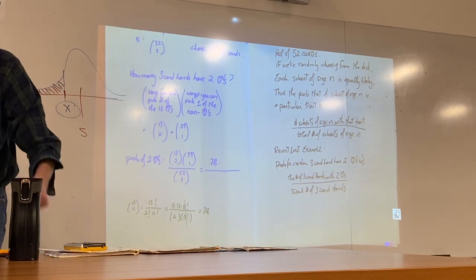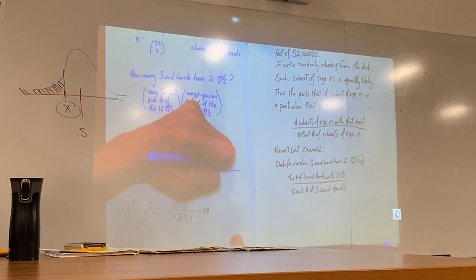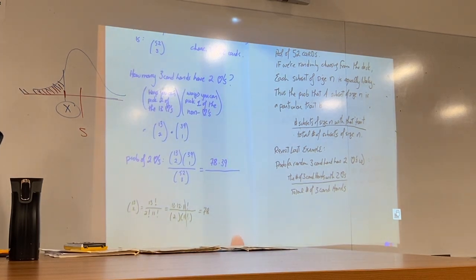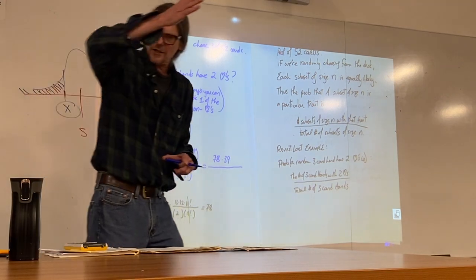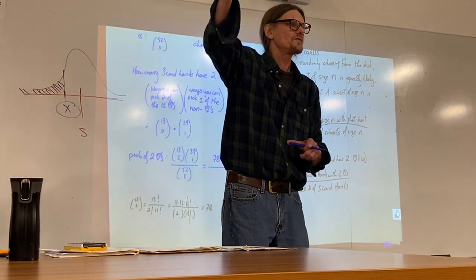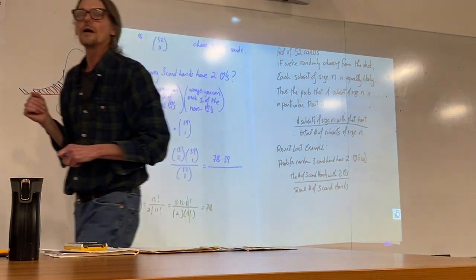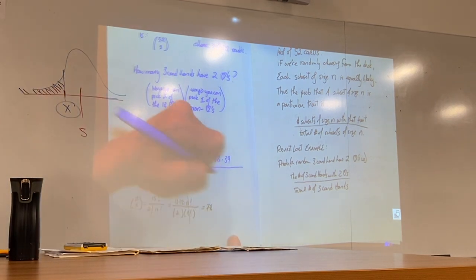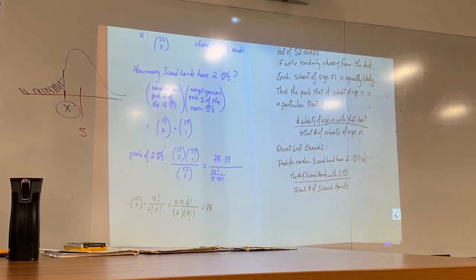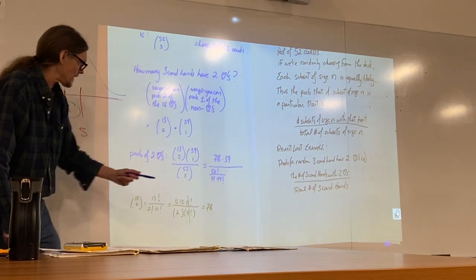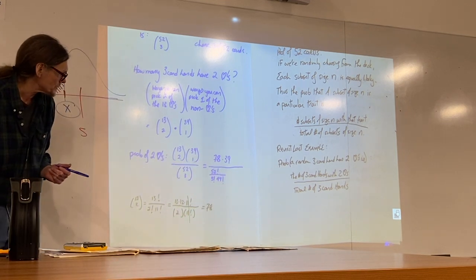And 39 choose 1 is 39. And 52 choose 3, well, that's going to be something like 52 times 51 times 50 divided by 6, right? That's 52 factorial over 3 factorial times 49 factorial, and everything from 49 down will cancel out in numerator and denominator.